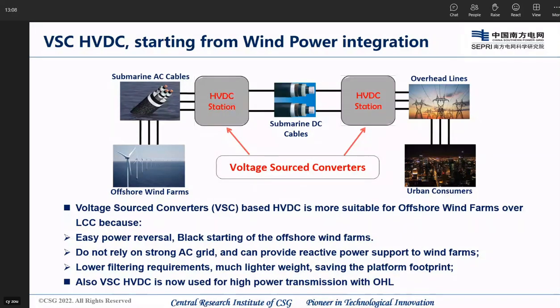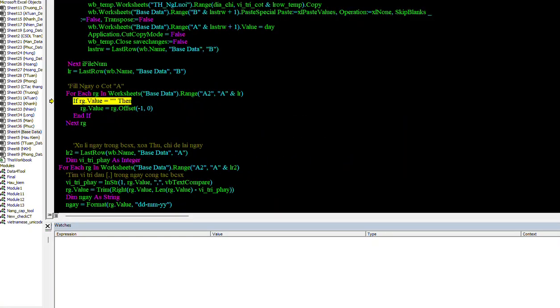We have just seen the huge size of the AC filter in the LCC, but by cancelling the filters, the VSC has much lighter weight, saving the platform footprint. The cost over footprint is much more sensitive than in onshore applications. With the development of the VSC projects, now they are also used for high power transmission with overhead lines. We can come back to that later.